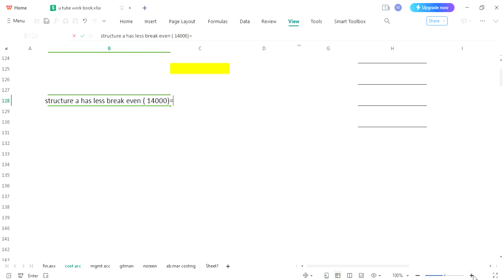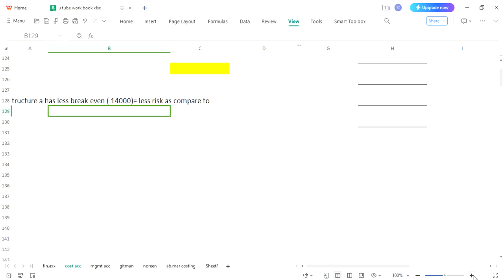So it means it has less risk as compared to structure B, which has 34,000 interest or break even. So in this way you have completed your statement.